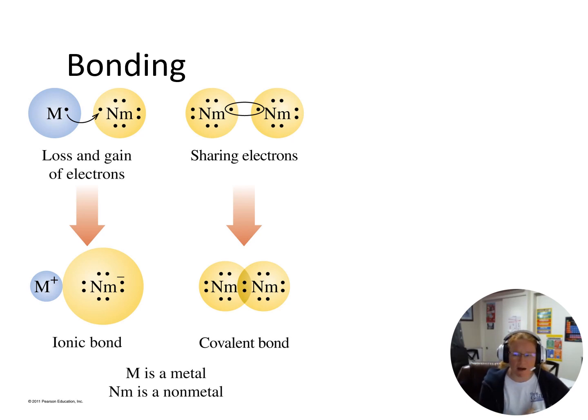For our ionic bonds, it's going to be a metal and a nonmetal, or we'll have some sort of polyatomic ion situation.